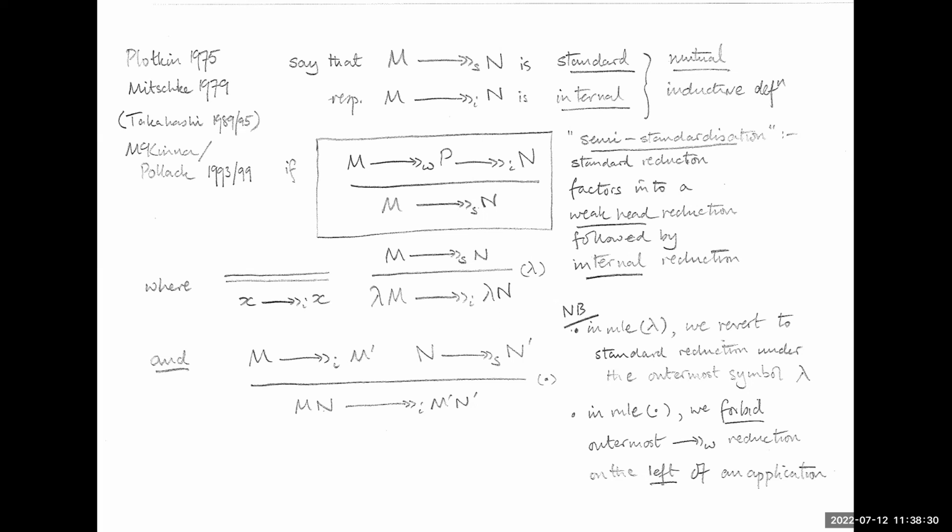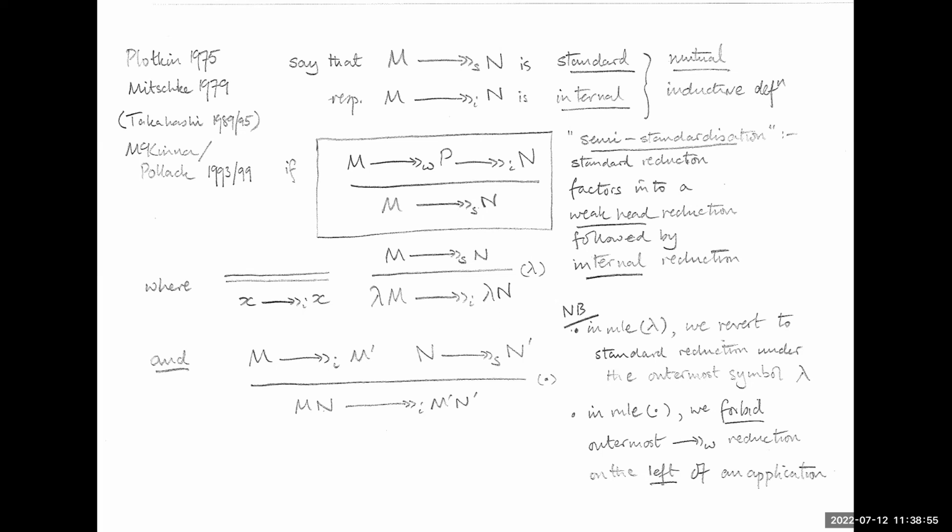And about the only thing I can tell you is that the definition of standard reduction is Michka's semi-standardization property, namely that a standard reduction is a weak head reduction prefix, and we'll go back to that in a minute, followed by an internal reduction.